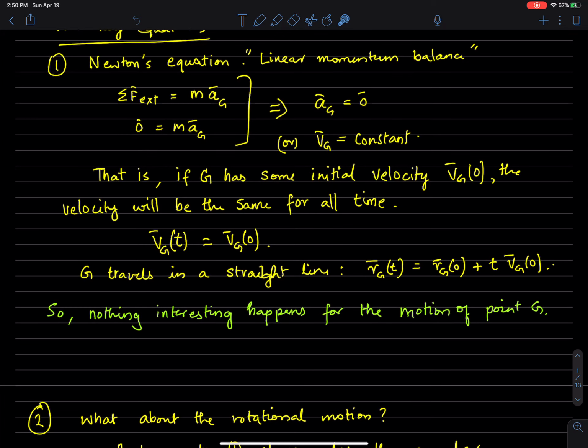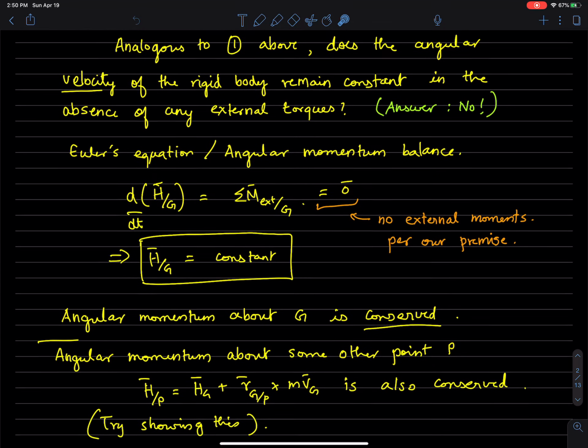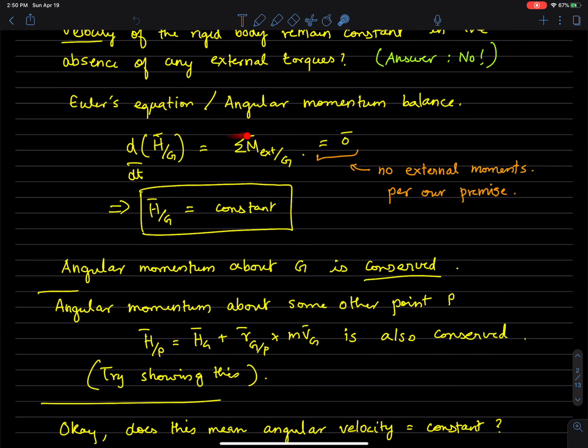It's analogous to F equals ma. This is the generalization of sum of moments equals I alpha in 2D.